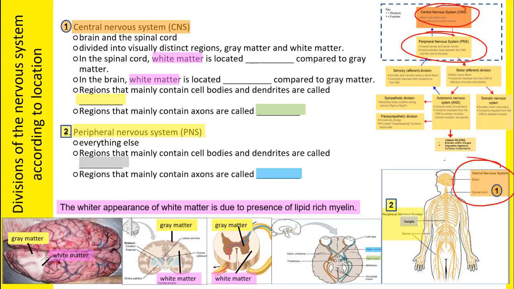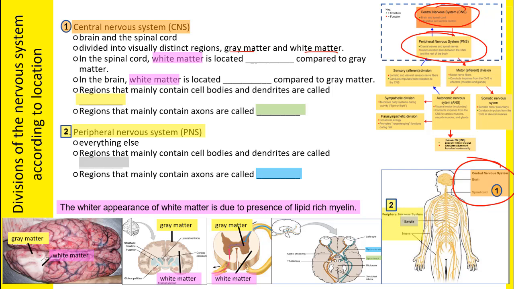Each of the brain and spinal cord is divided into visually distinct regions, dependent on the color of each region. It can be divided into a region of gray matter and a region of white matter.